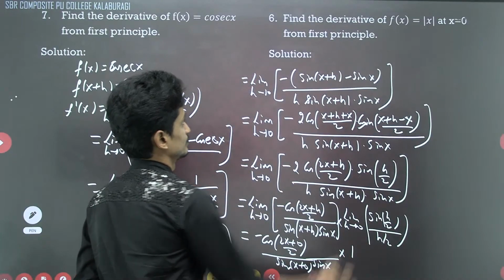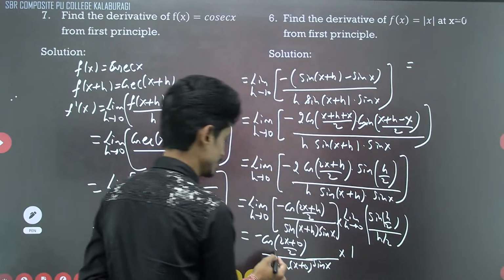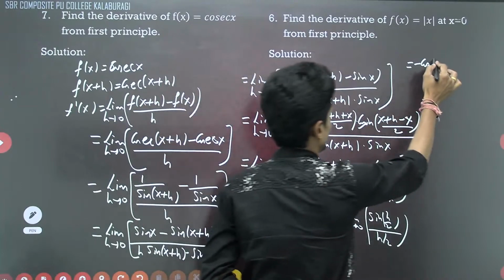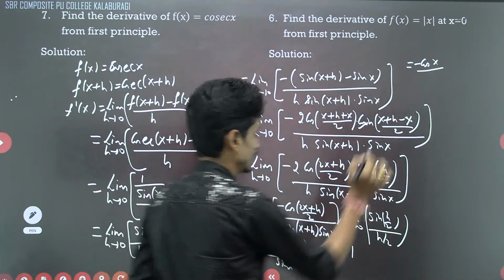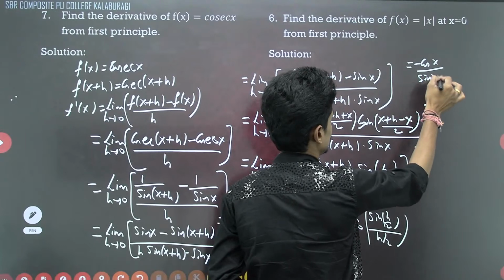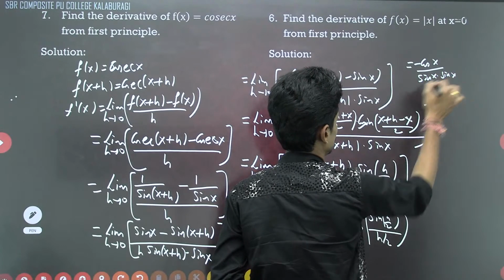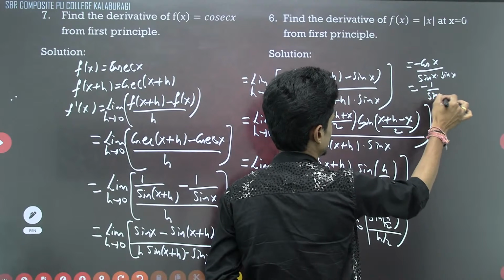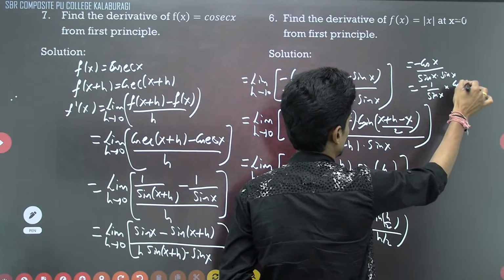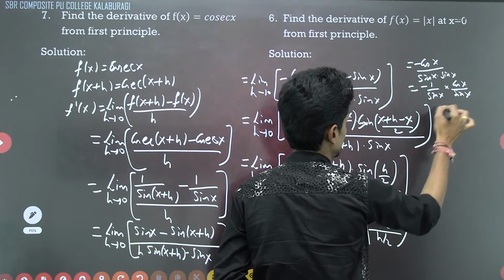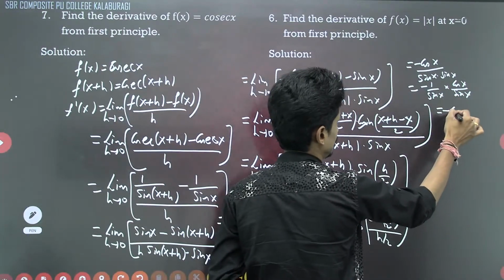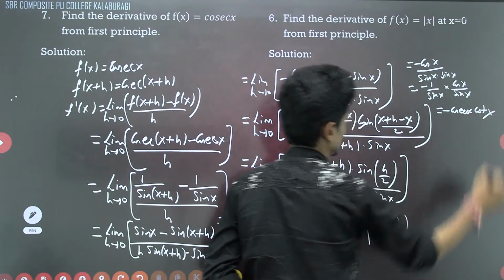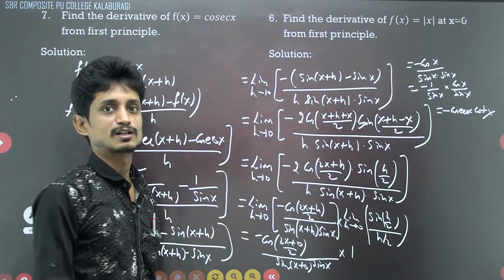Then what remains? The result will be minus cos x divided by sin x into sin x. Group it: minus 1 divided by sin x on one side, into cos x divided by sin x on the other side. Minus 1 by sin will be cosecant x, cos by sin will be cot x. This is our required result.